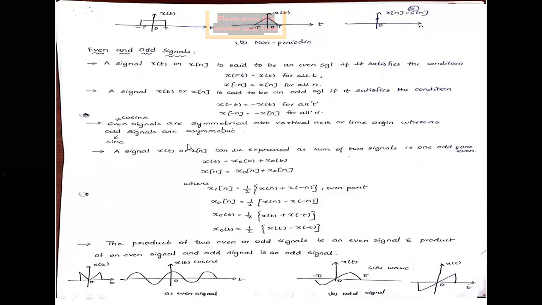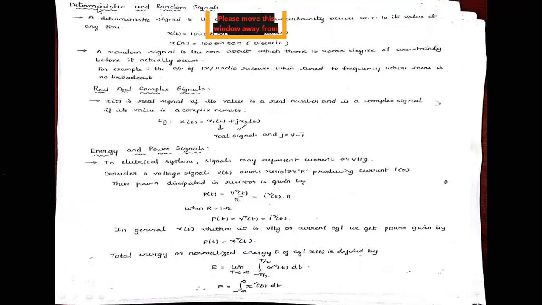In tomorrow's class, we have other classifications for the continuous and discrete signals: deterministic and random signals, and energy and power signals, my dear students.